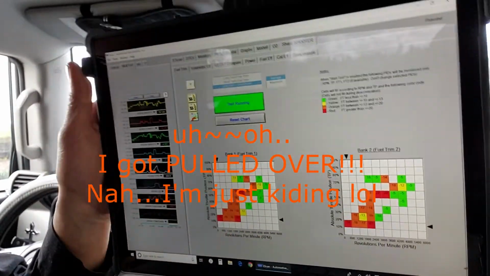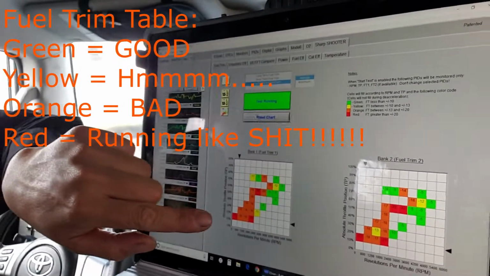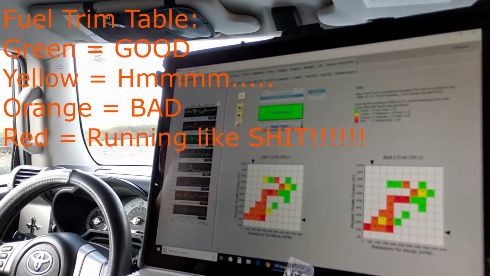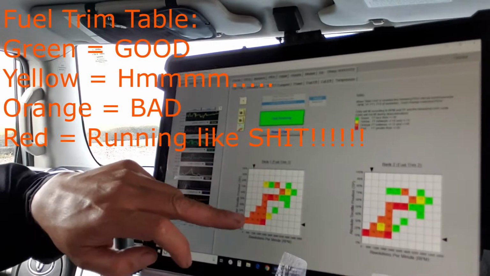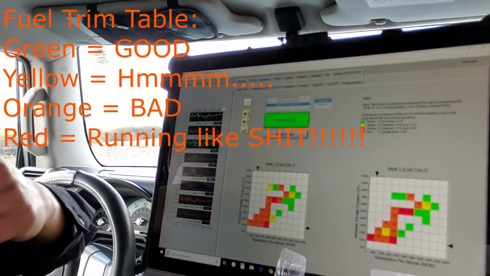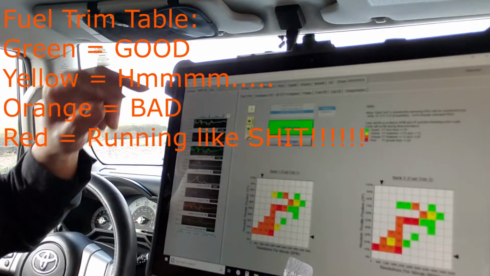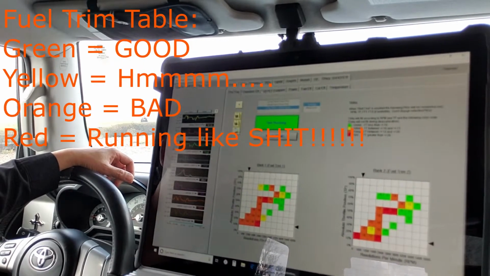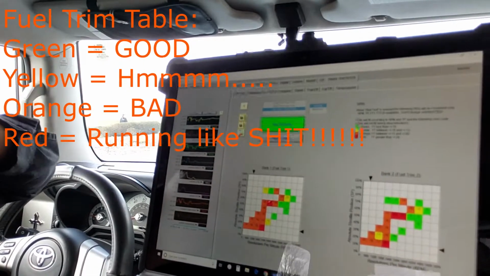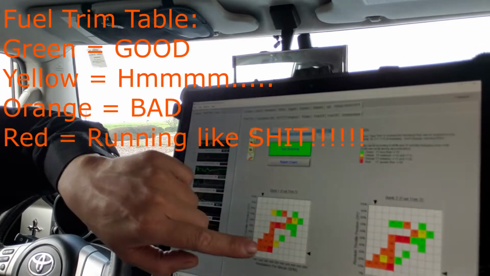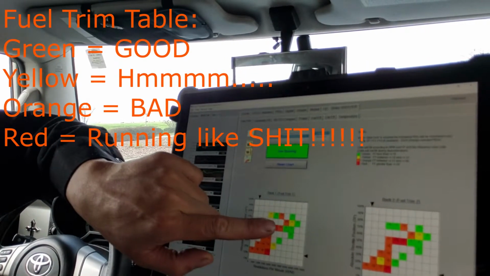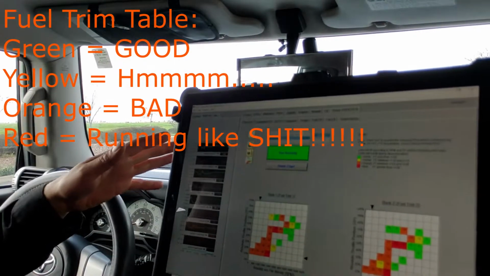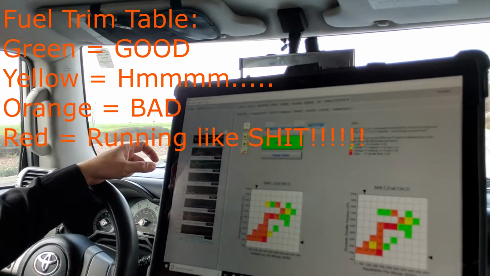As you can see, it looks like all these numbers are on the negative side. So it looks like the mass airflow sensor is skewed. What I mean by that is over-reporting, but at a higher RPM range, it kind of gets closer to reality.